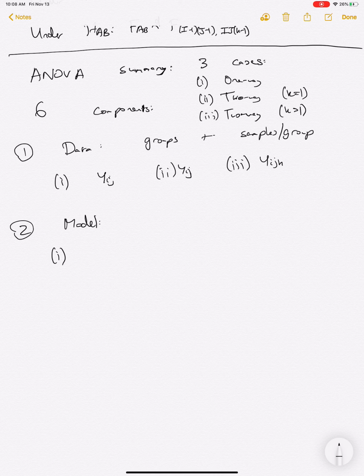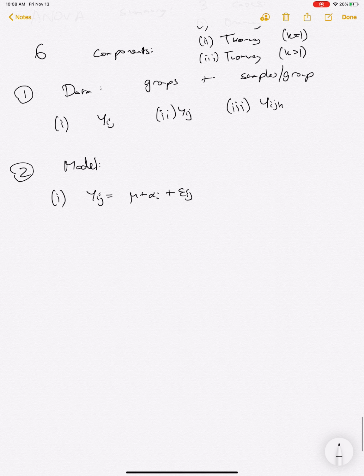For one way, we have just mu plus alpha i plus epsilon ij. And then you obviously have the constraints, which I'm not going to put in here. For the second case, we have mu plus alpha i plus beta j plus epsilon ij. So you have factor 1 and factor 2 here, but no interaction term.